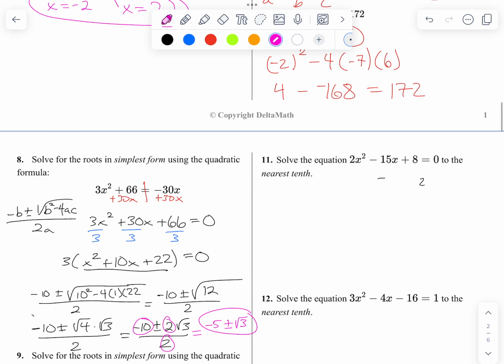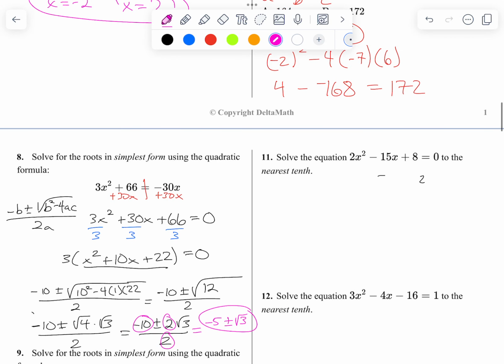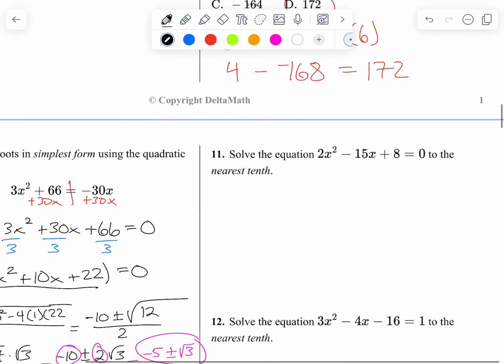Moving along here, do number 11. So clean that up here really fast. Solve this equation to the nearest 10th. So I get 2, or I'm going to do quadratic formula.